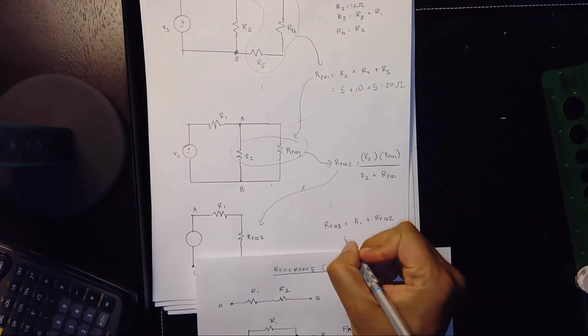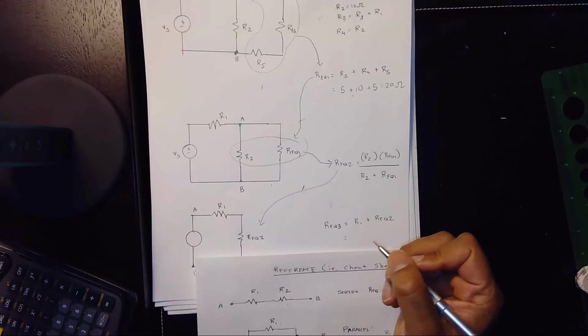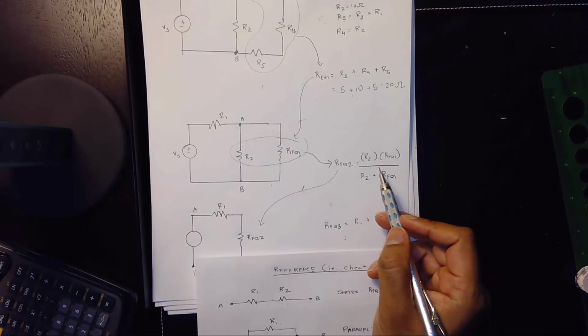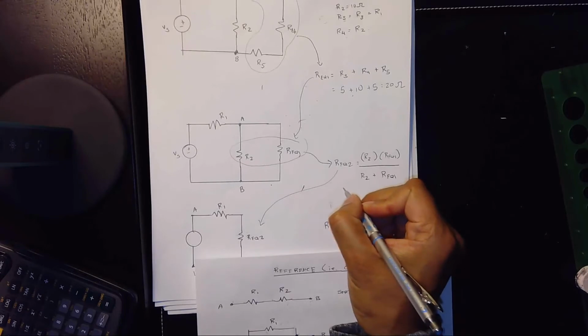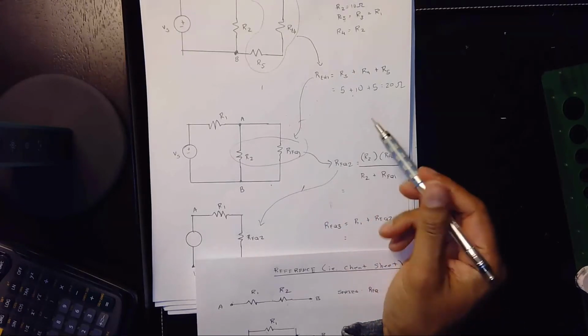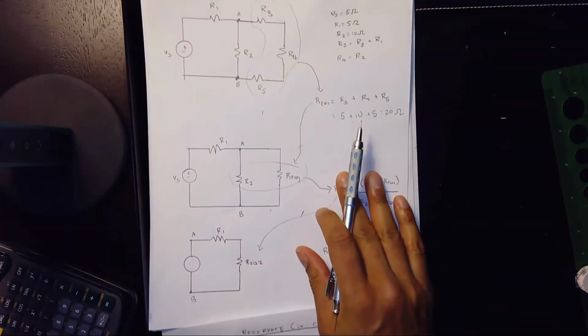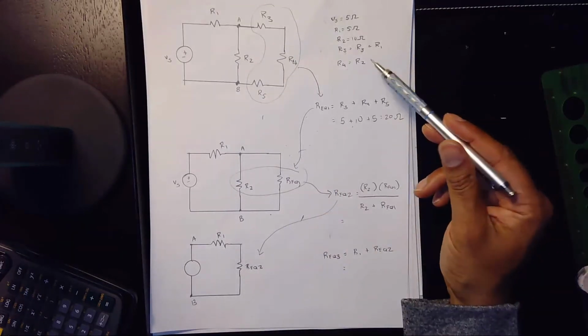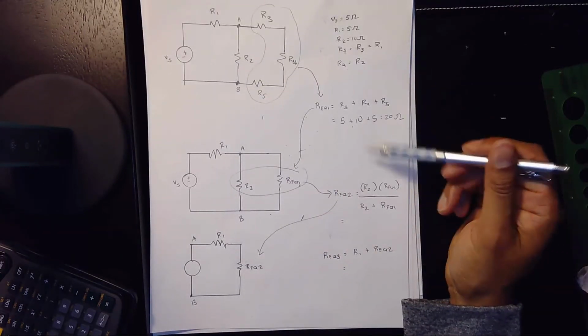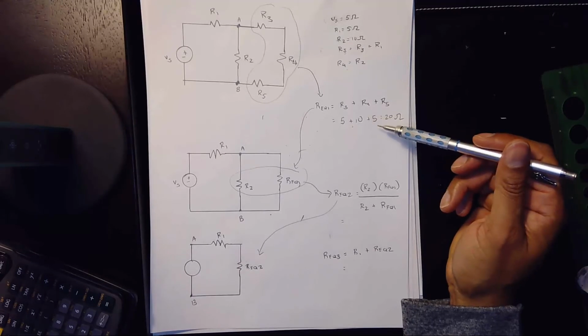I didn't even put in the values for the previous one. Look at that, I forgot. Shame on me. So let me go ahead and put the values in for REQ2. I'm sorry, R2 is 10, REQ1 is 20.